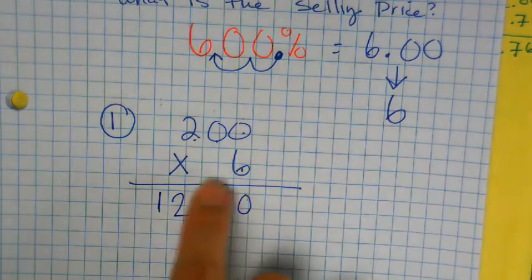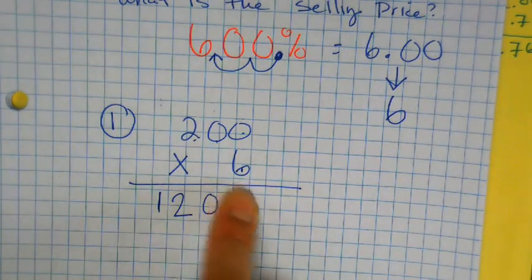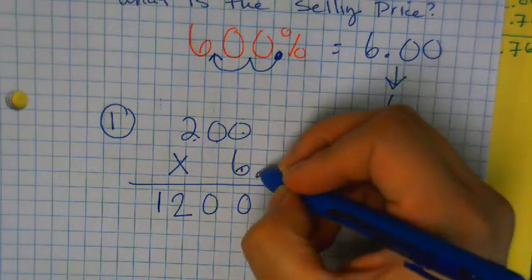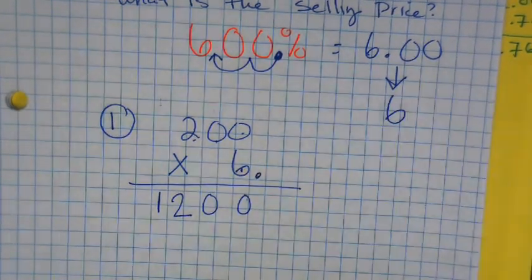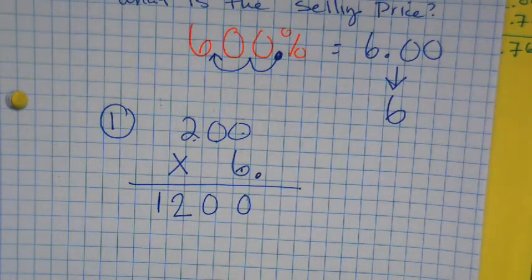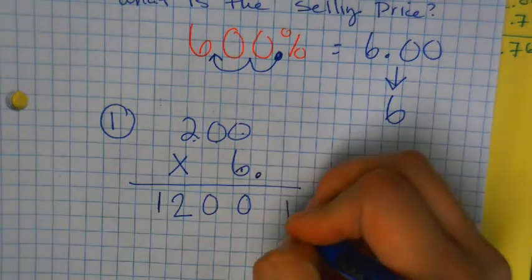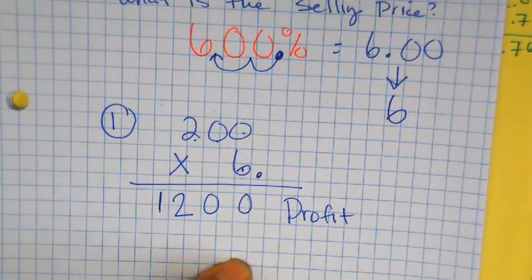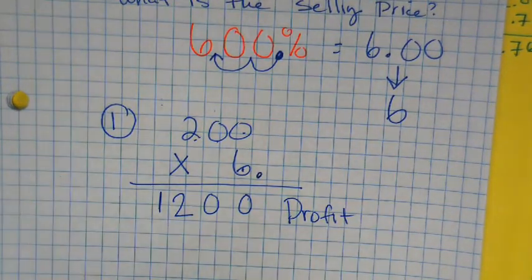Is there a decimal? No. So don't move it. I know a lot of you are so used to moving decimals. I saw that first period. There is no decimal. The decimal's in the back. So we don't move it at all. Okay? This is called my profit. This is how much Apple's going to make on this iPhone after paying all the fees.